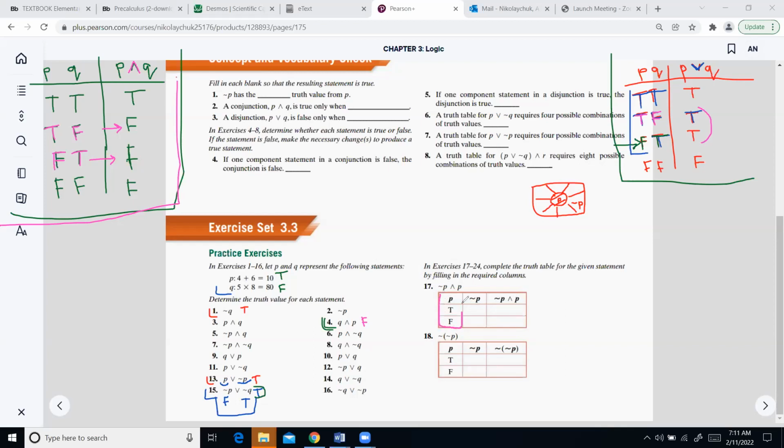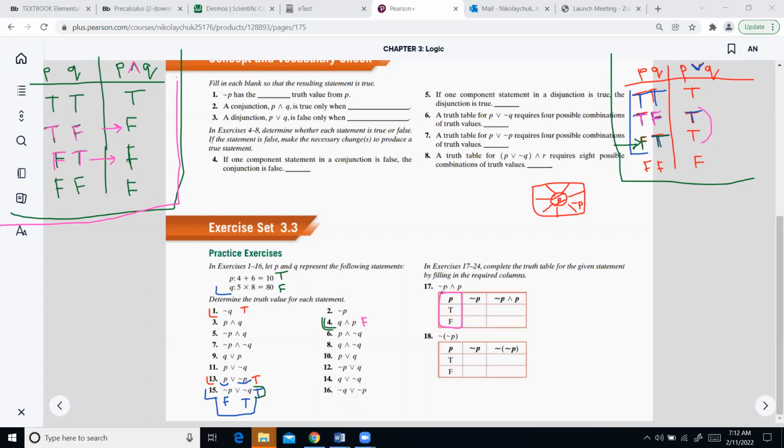Well, in the first place, I need to consider all possibilities for statement P. And all possibilities means it could be either true or false. Because P is a statement, it can be only true or only false, nothing else, right? So just 2 possibilities. So that's my start.